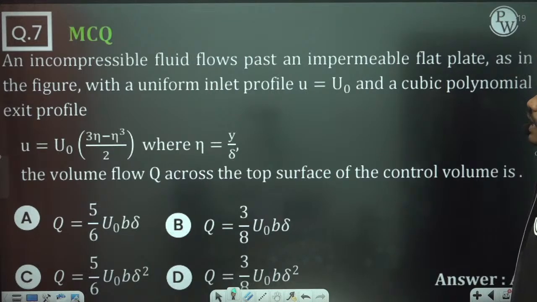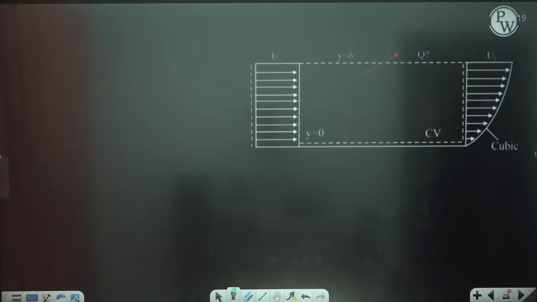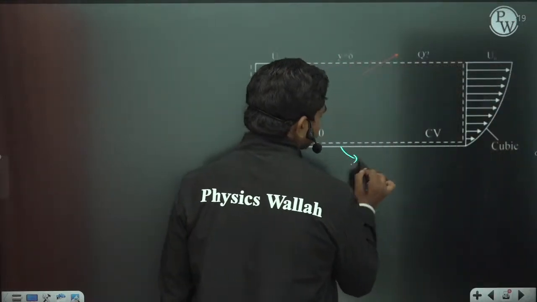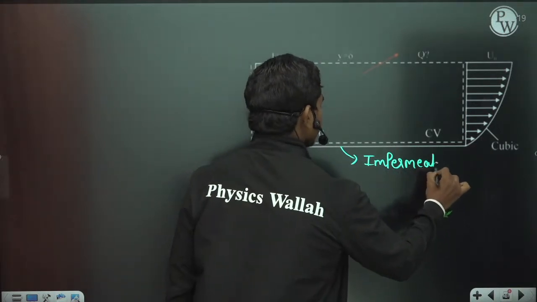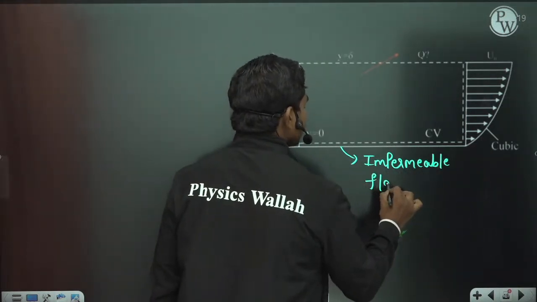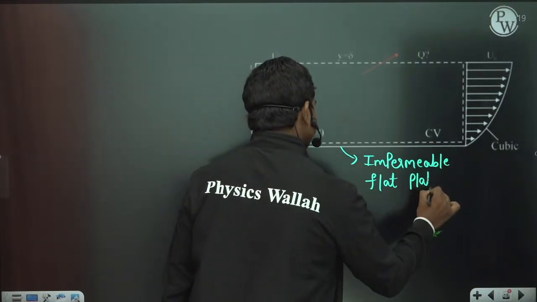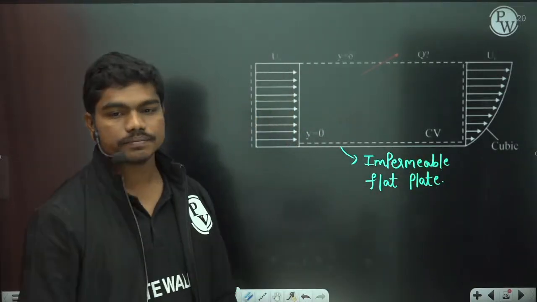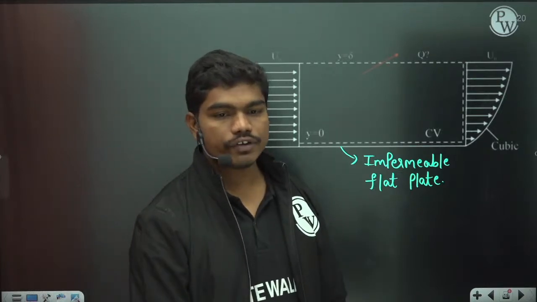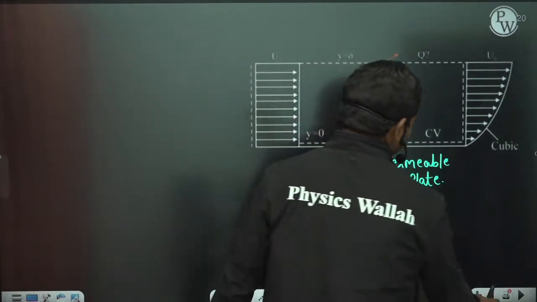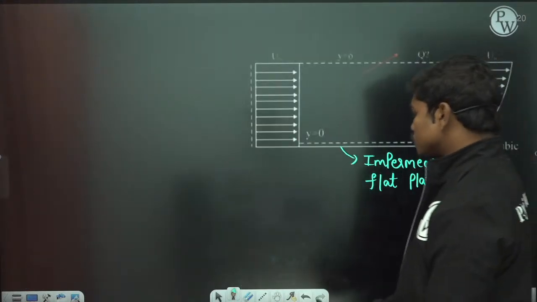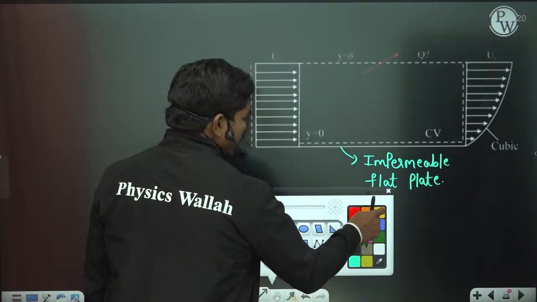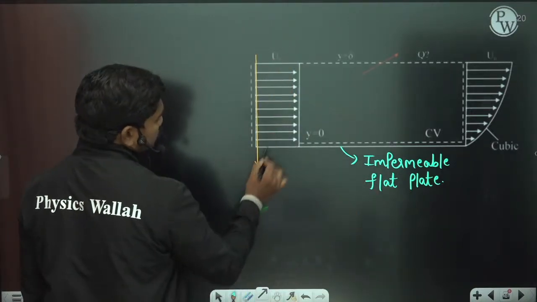So see here, an incompressible fluid flows past an impermeable flat plate. There is a figure given. So this is the impermeable flat plate. As shown in the figure, with a uniform inlet profile, U is equal to U naught.